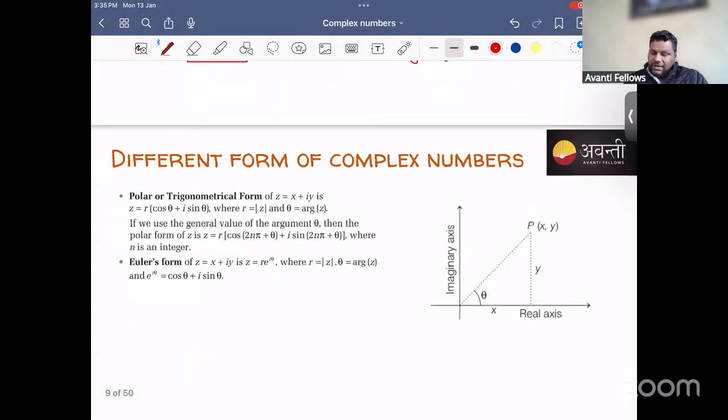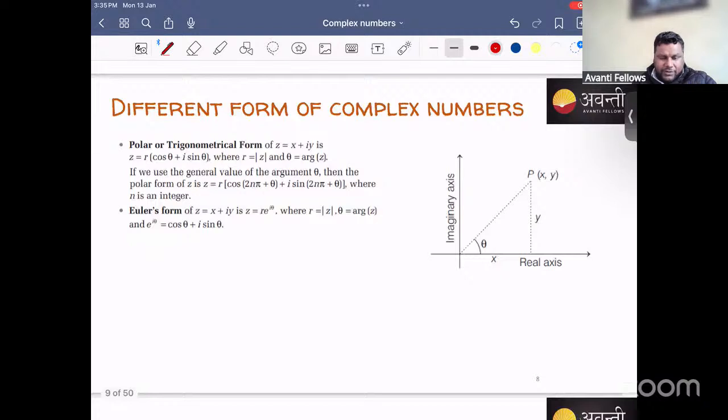Now, different forms of a complex number. One is the Cartesian form, which I have already told you, where we replace z as x plus iota y. Now there is a form that we call polar form, or trigonometric form.